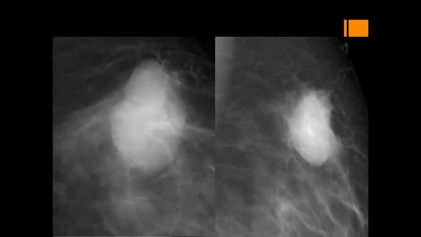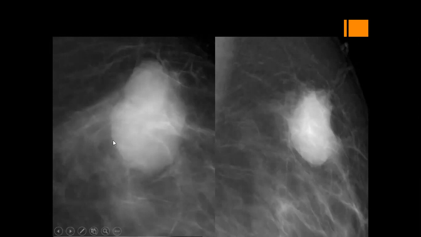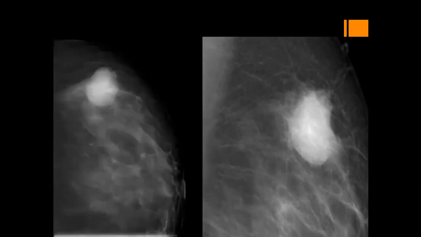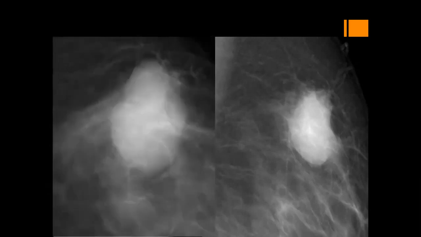Well circumscribed, macrolobulated, high density mass. But here it is obscured, partially obscured. Yeah, it was not here. It doesn't show that it's obscured, but now it does.